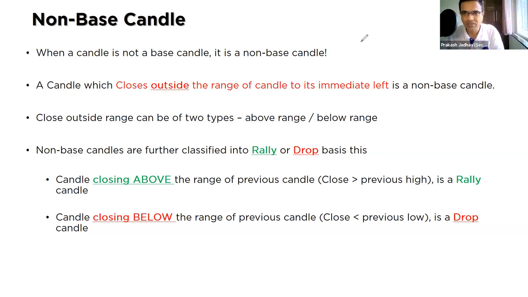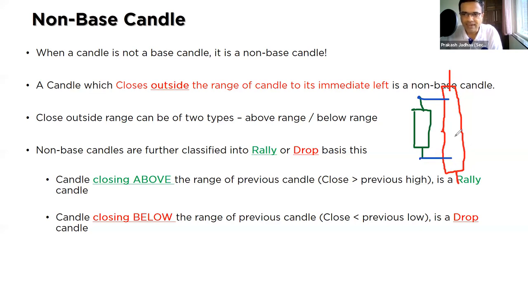Now let me just show it to you here. Say this was one candle and this is the next candle. Now the earlier candle's range is this, high and low.